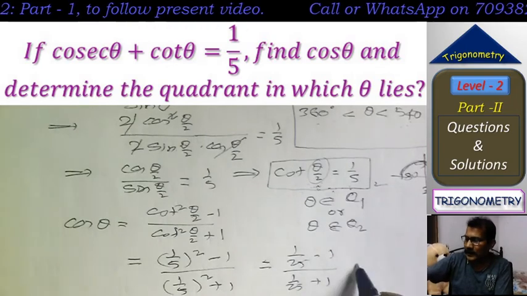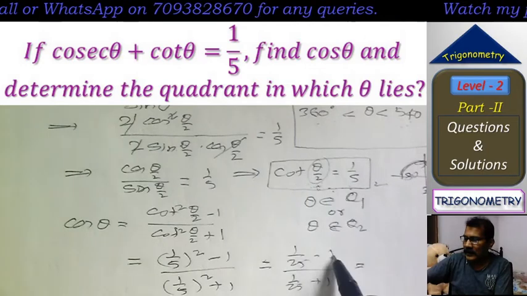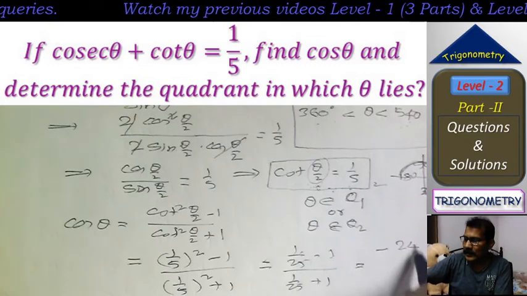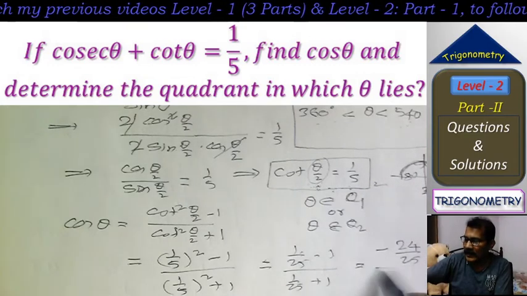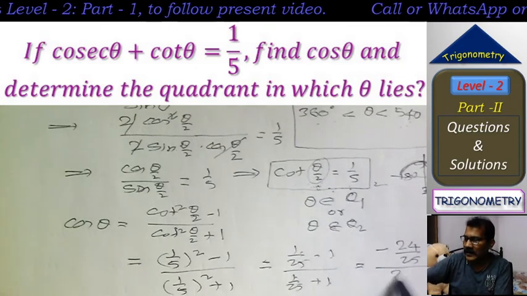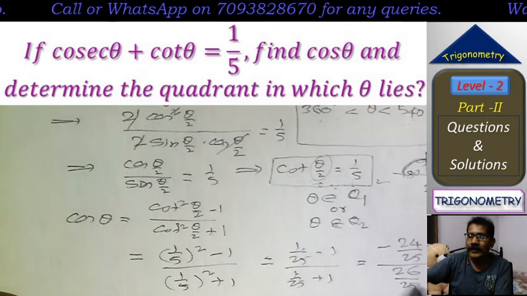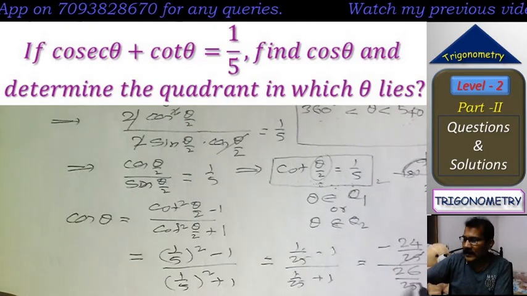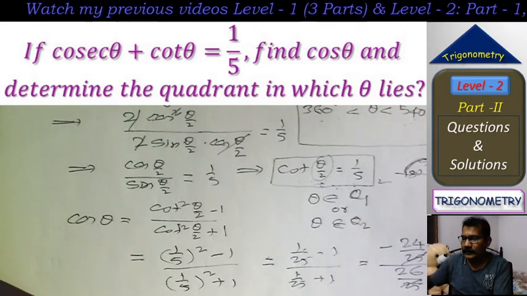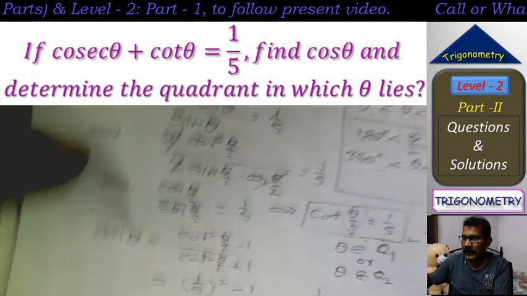Which is equal to, 25 into 1, 25, 1 minus 25 is minus 24 divided by 25, whole divided by, 25 into 1, 25, 1 plus 25 is 26 divided by 25. Here this 25, 25 gets cancelled.